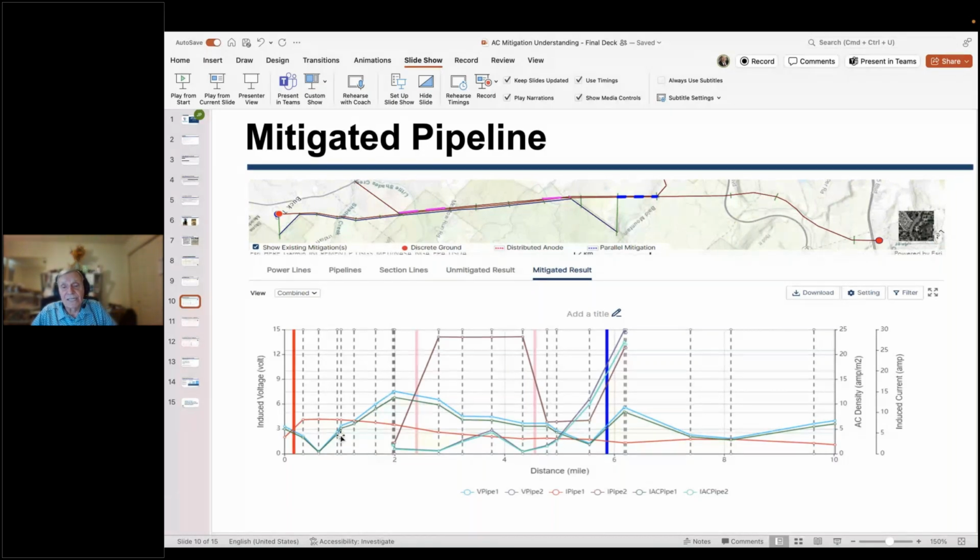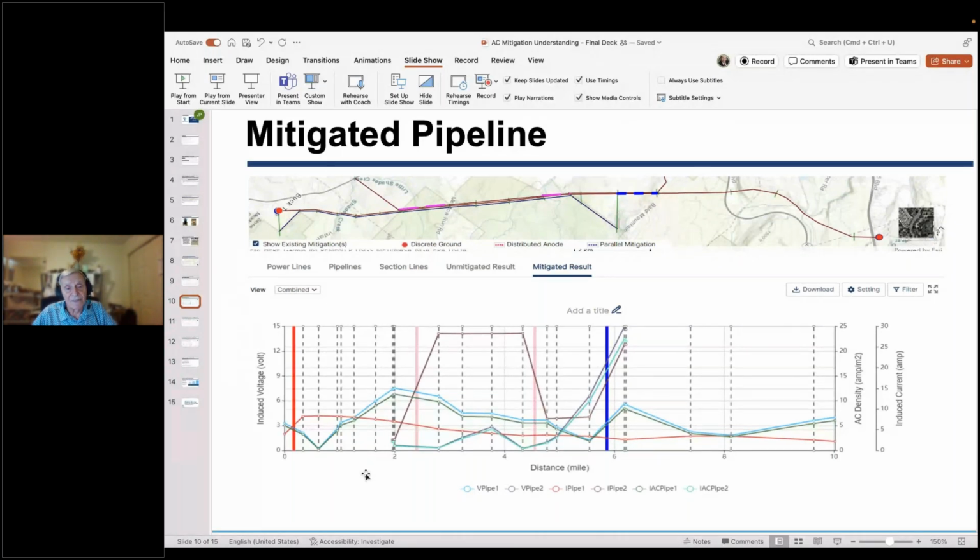And look what it did to that 20 volts, knocked it down to around 3 volts just by putting a decoupler across that isolating flange. Amazing, isn't it? And this is the nice thing. It just takes one click, and I want to put a decoupler there. Just uncheck the box, and it's gone.